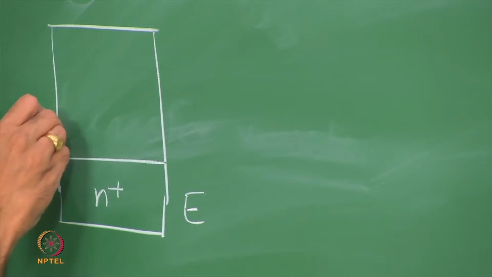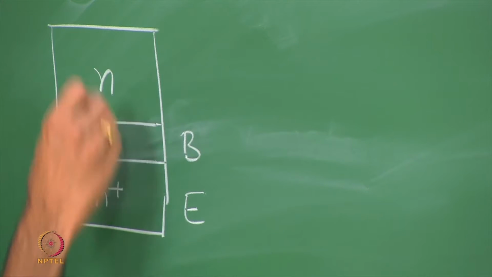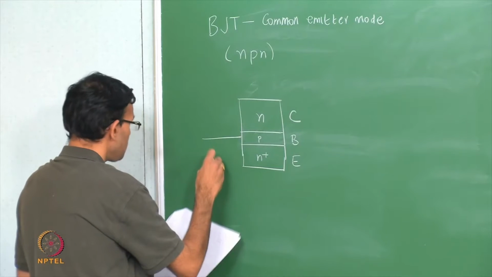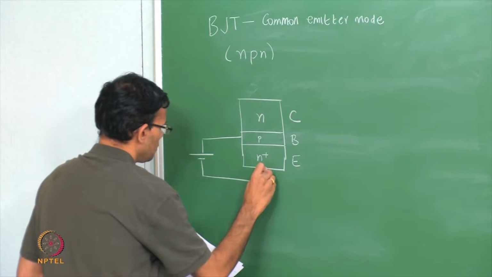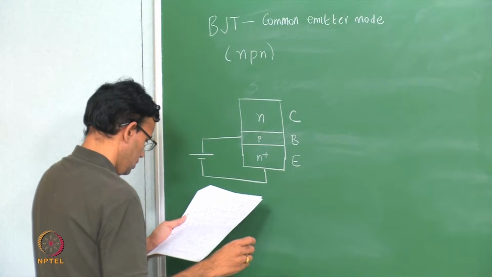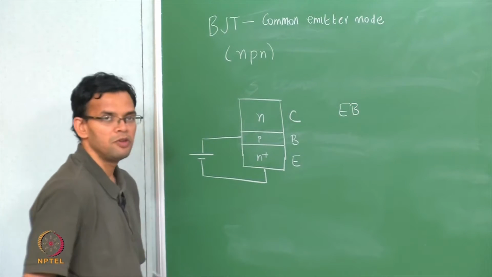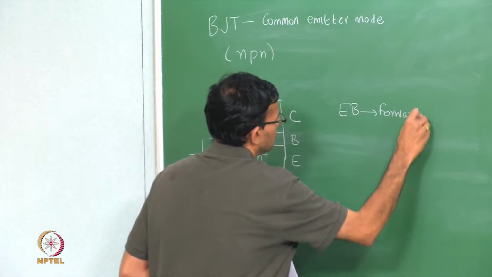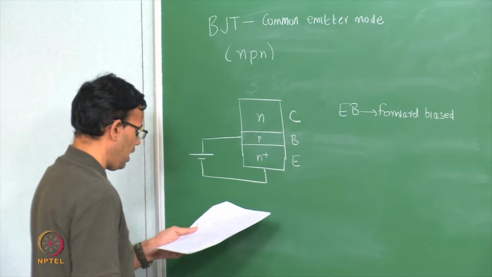I have a thin base region that is P type, and then I have a collector that is N type.